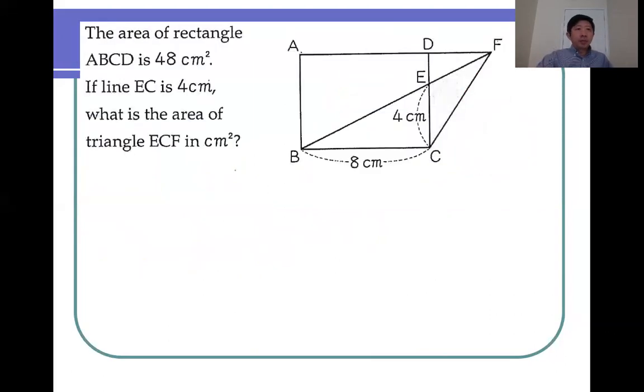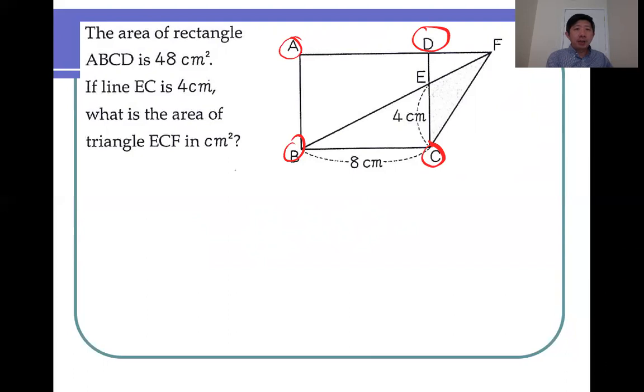Next problem. Now the area of a rectangle ABCD. ABCD rectangle is 48 centimeter square.